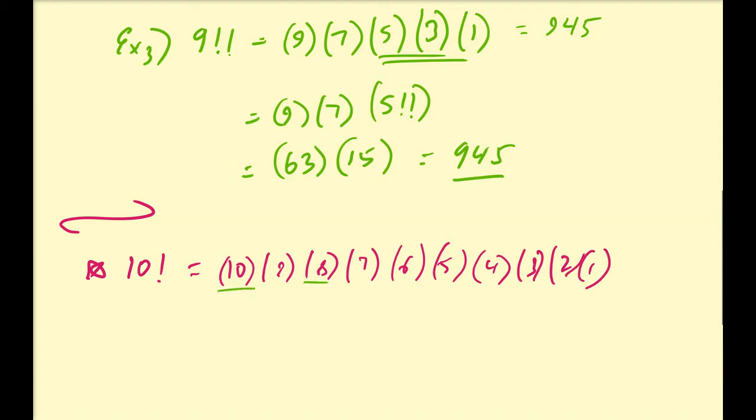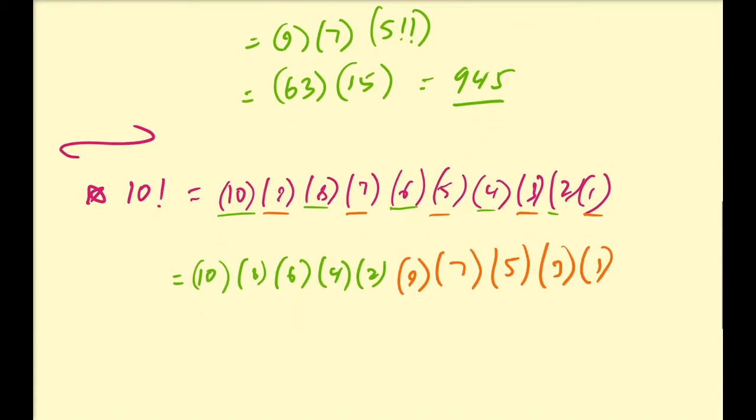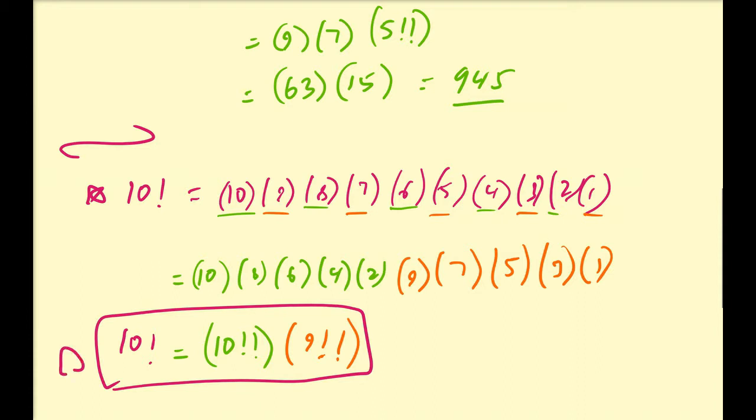So I'm going to look at 10, 8, 6, 4, and 2, which is 10 times 8 times 6 times 4 times 2. Then I'm going to group the odd numbers together: 9, 7, 5, 3, and 1, which is 9 times 7 times 5 times 3 times 1. This is the same as writing 10 double factorial multiplied by 9 double factorial. So 10 factorial is the same as this expression.